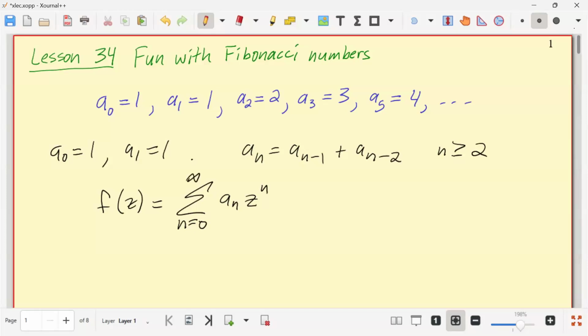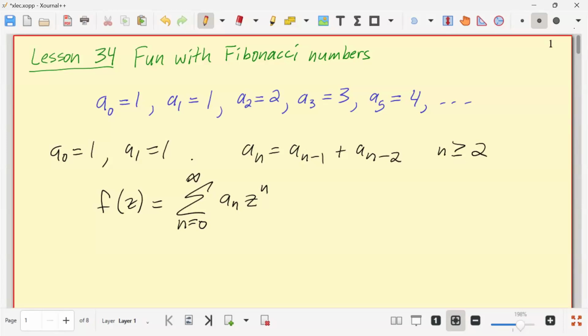And the thing we did was we wanted to analyze what the radius of convergence of that power series was. An example where all the basic tools we had didn't really help us because we don't really know what all those ANs are or how they behave.